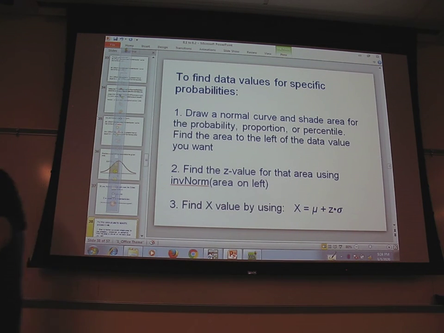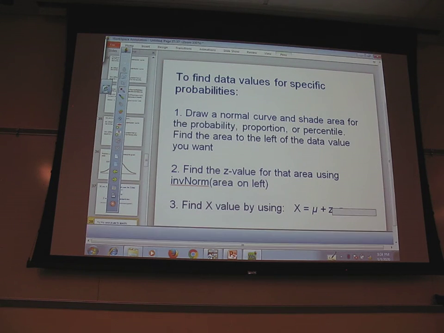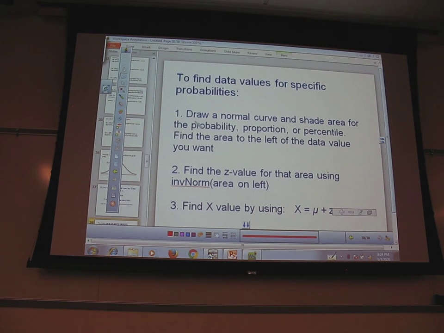Okay, so here are your steps. I will circle the things that are actually important to you, which are: draw a picture and find the area to the left of the value you want.